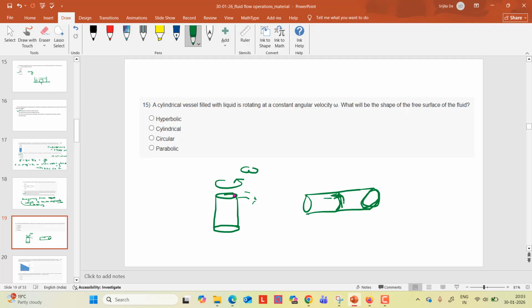This is the free part and it is rotating at an angular velocity omega, then this will be like this. This will be a parabolic flow. Right? Next, question 16.